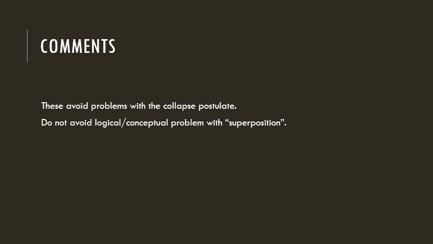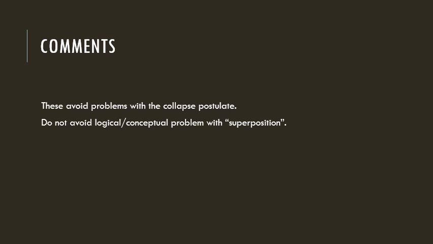However, they do not avoid what you might think is the more fundamental problem with the Copenhagen interpretation. This is the logical or conceptual problem with the idea of superposition. Because all of these interpretations allow there to be superpositions of particular states.